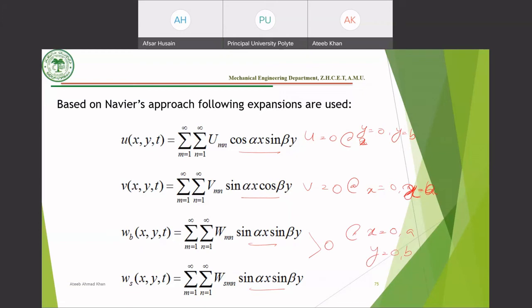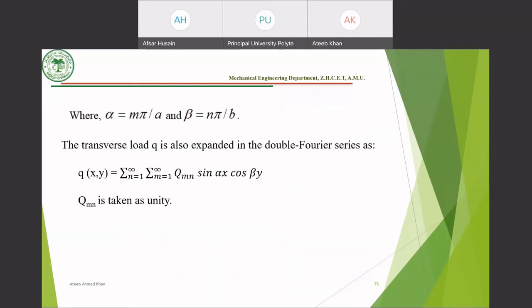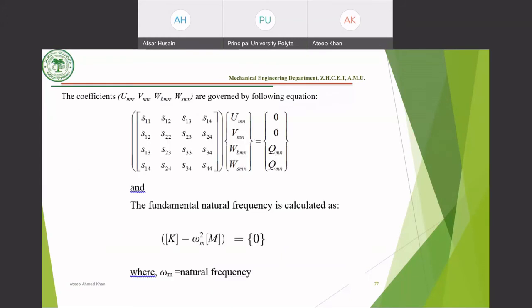So this is basically the same type of assumption which we have already used in the third order theory. And where alpha and beta have same meaning, alpha is equal to m pi by a and beta is equal to n pi by b. And a sinusoidally varying load has been considered in x as well as in y direction. And again, the same equation is used to calculate the natural frequency.